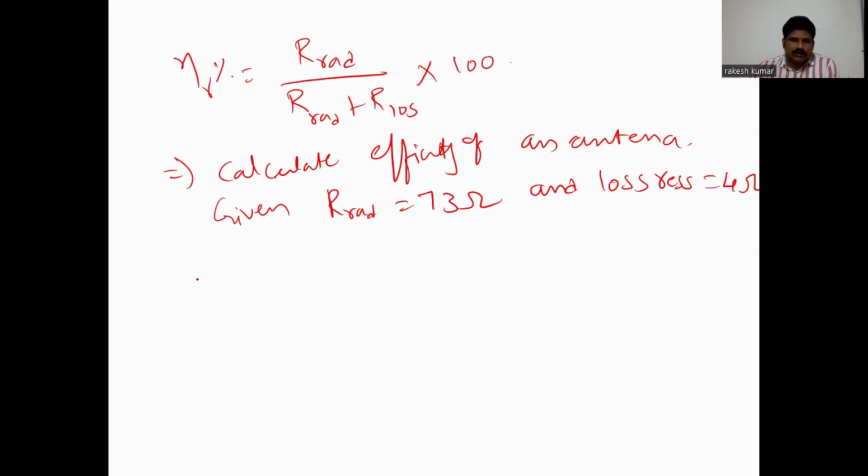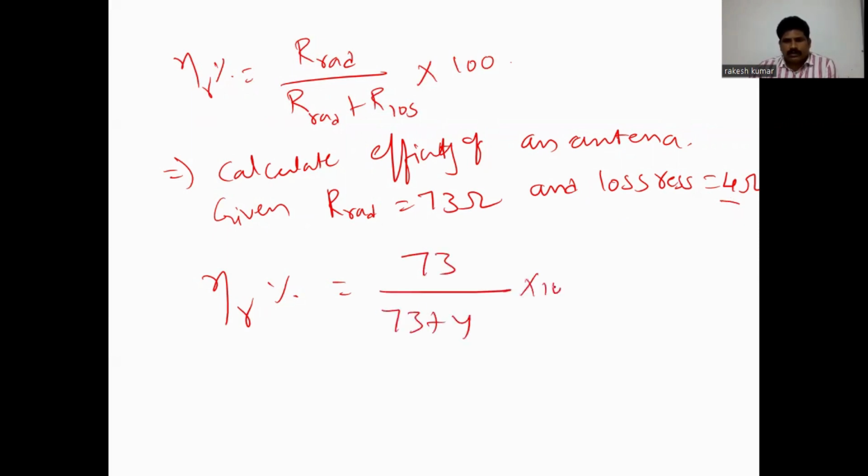So the formula for percentage of efficiency, with radiation resistance 73 ohm and loss resistance 4 ohm: substitute 73 by 73 plus 4, which is 77. So efficiency is equal to 73 by 77.